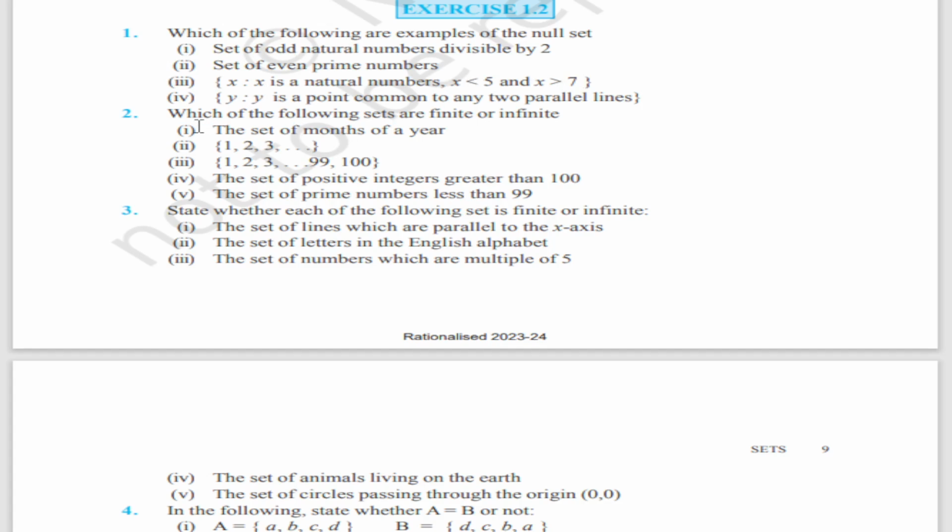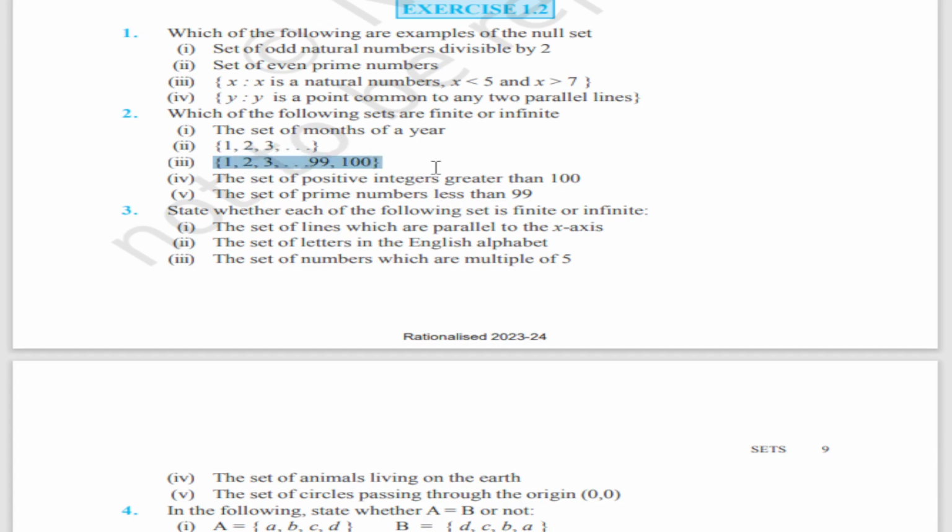Then we have the second question, which of the following sets are finite or infinite? The set of months of a year, that is finite. Second one is infinite. Wherever we find three dots, that is an infinite set, because we cannot represent a large set. But still here, since that is in between, that is a finite set.